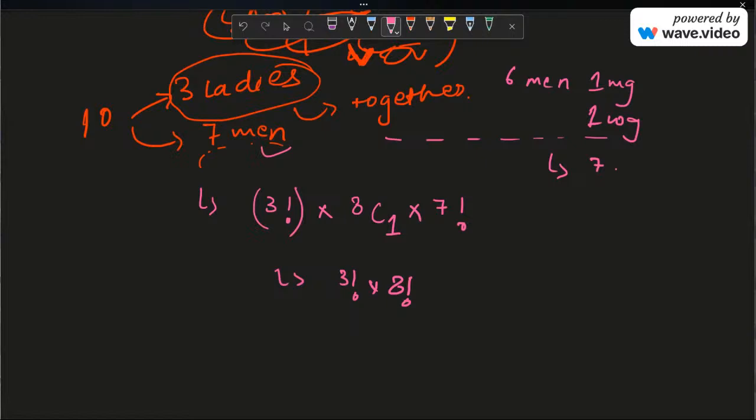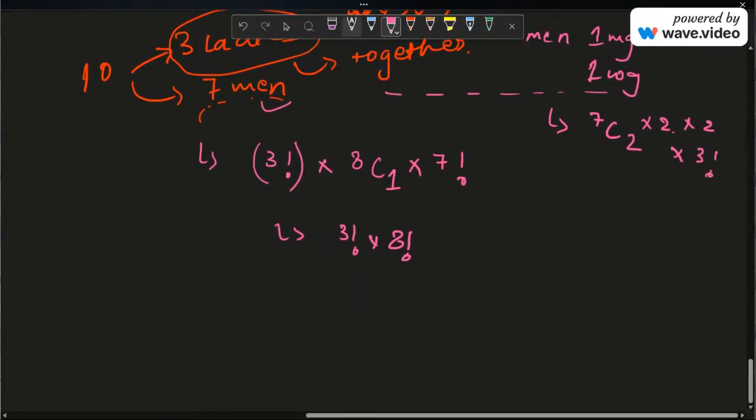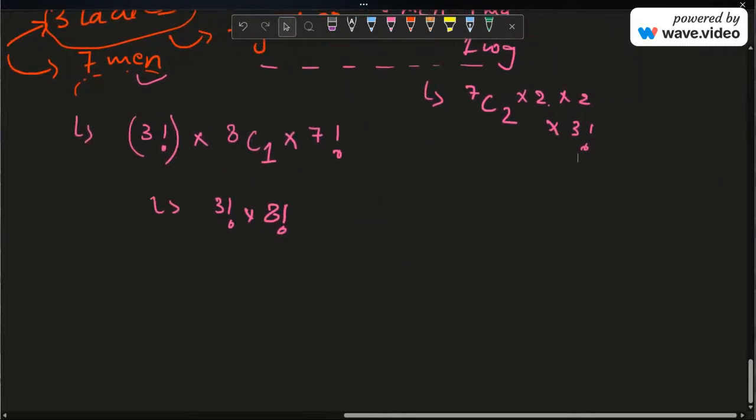Out of the 7 gaps that will be created, we choose any 2 gaps and fill either of these, so we multiply by 2. Then we arrange the 2 people together in 3 factorial ways, and I will subtract it from 3 factorial into 8 factorial.